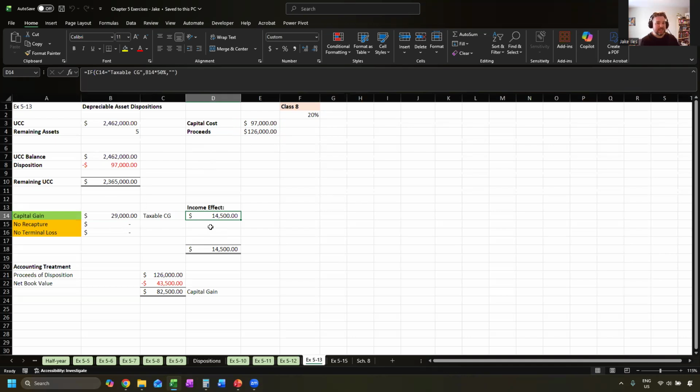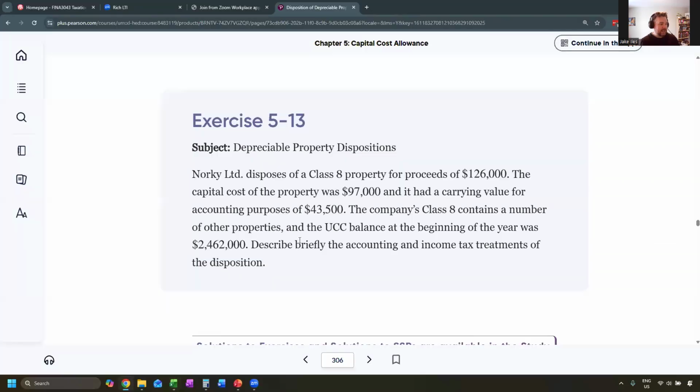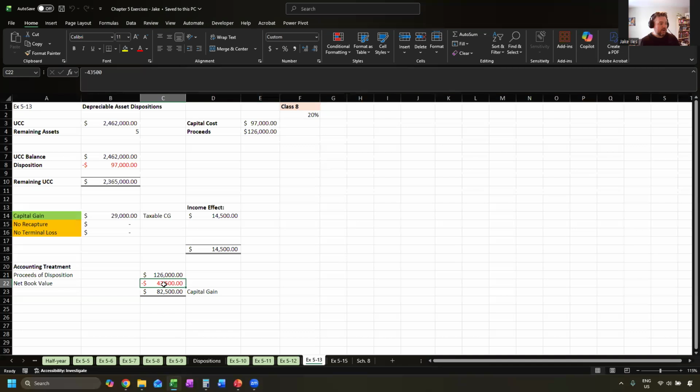So 50% is included. This is different from the accounting treatment because from the perspective of accounting, we just take whatever proceeds we got and compare it to our net book value. It says our book value, the carrying value for accounting purposes, was 43,500. So we say, okay, on our books it was 43,500.